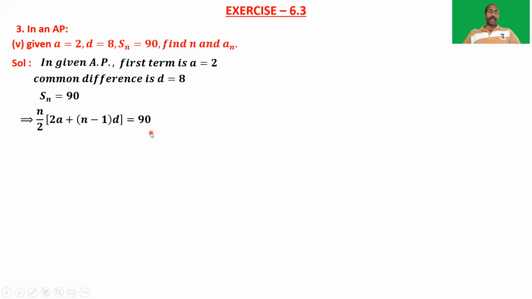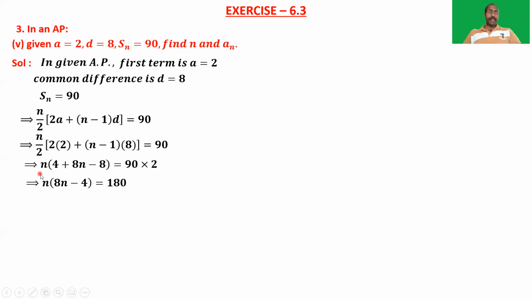So this implies we can write n by 2 into (2 into 2 plus (n minus 1) into 8) is equal to 90. From this equation, by transferring 2 to the right side, n into (4 plus 8n minus 8) is equal to 90 into 2.